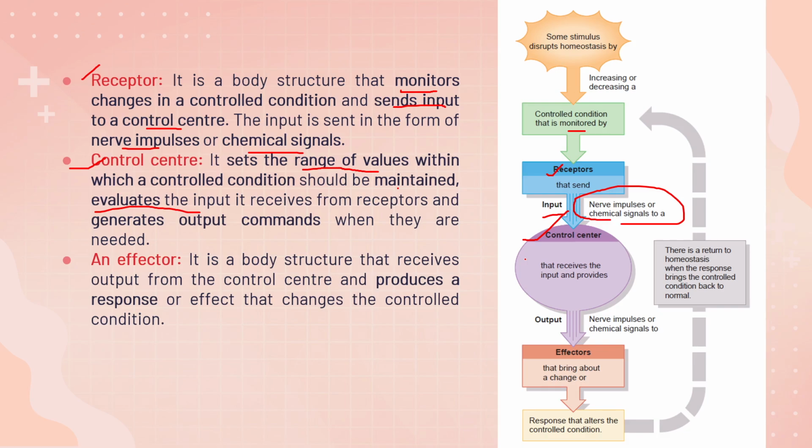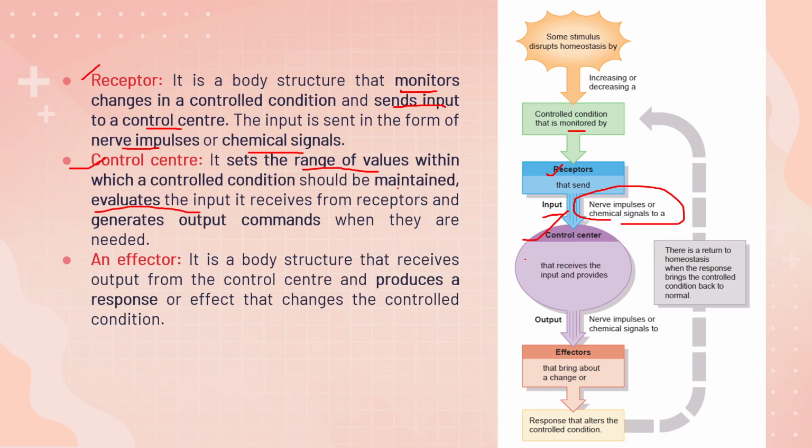If the temperature is bearable, then it will not produce any reactive effect; the control center will not send any reactive signal, that means output. If it is very high, if it can cause a major change in the body, then it will send an output signal to the effector.